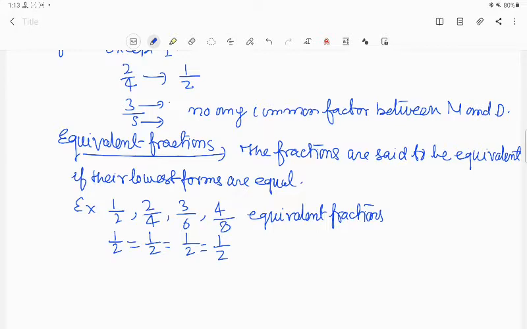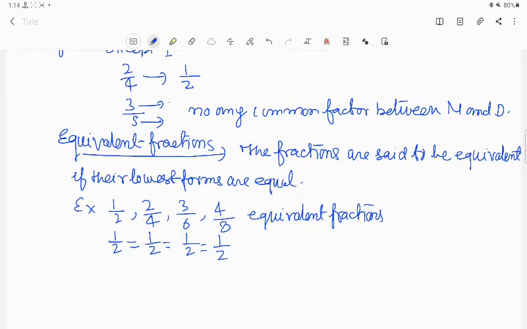Like fraction means denominator should be same. So how can we make it same? You find the LCM of the given fractions' denominators and change the numerators also according to the denominators, and then you can add and subtract.